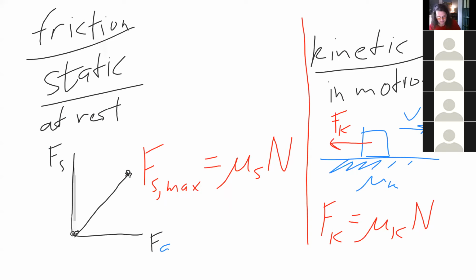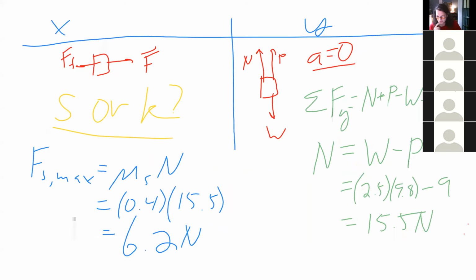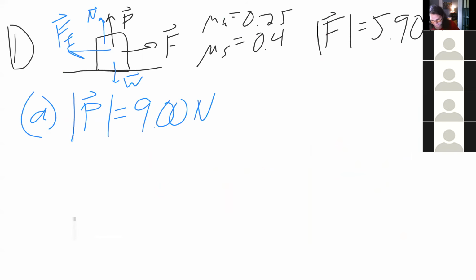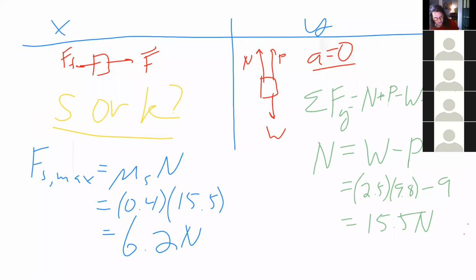So I simply need to compare this to my applied force. Well, the applied force, as given in my problem, was 5.9 newtons. So if I apply 5.9 newtons and I need 6.2 newtons in order to break through the static friction, is this object going to break through or not? If anyone doesn't see the answer explicitly, I'm applying 5.9 newtons.